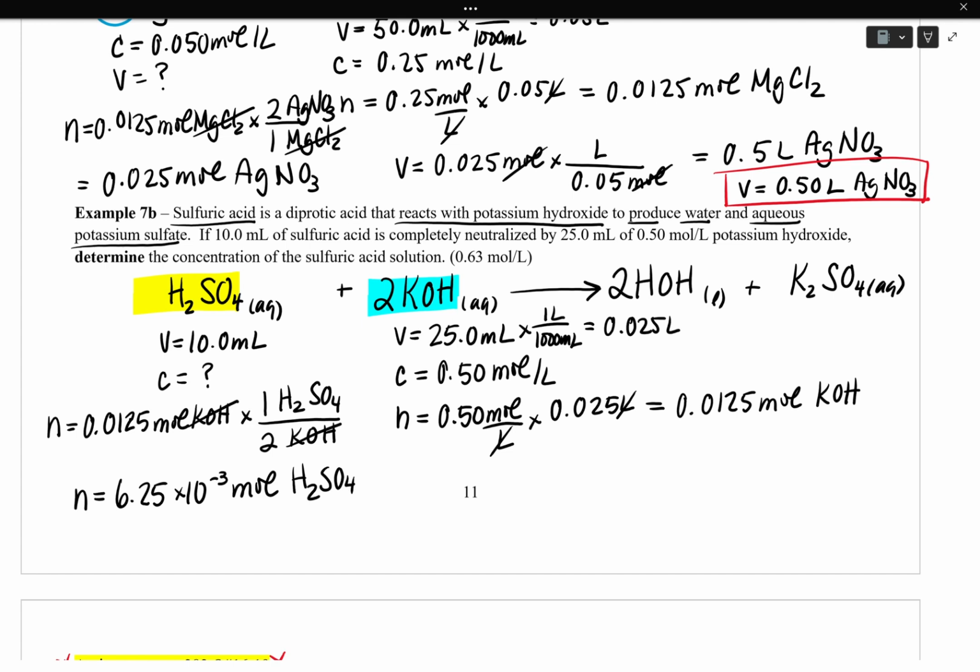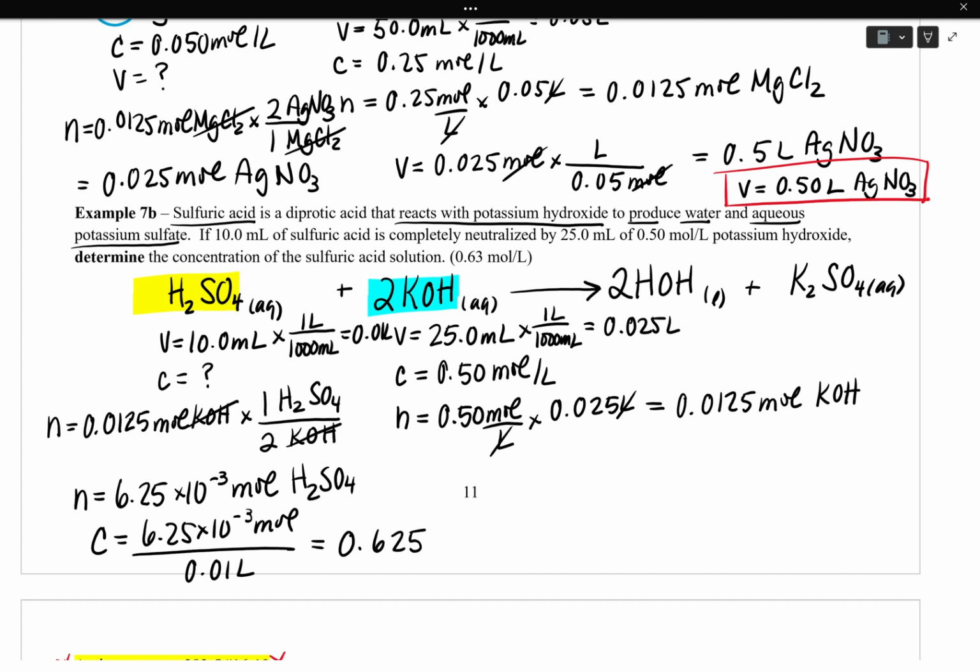I'm looking for concentration, so now if I know the number of moles of sulfuric acid, let's take this volume of sulfuric acid and convert it into liters, so 0.01 liters. So now if I want to solve for my concentration, 6.25 times 10 to the negative 3 moles, I'm going to divide by 0.01 liters, and that's going to equal 0.625 moles per liter of H2SO4.